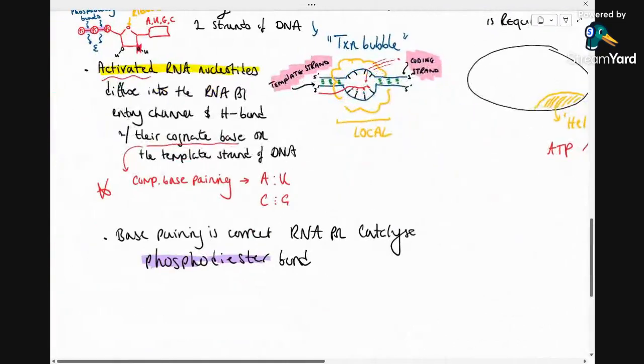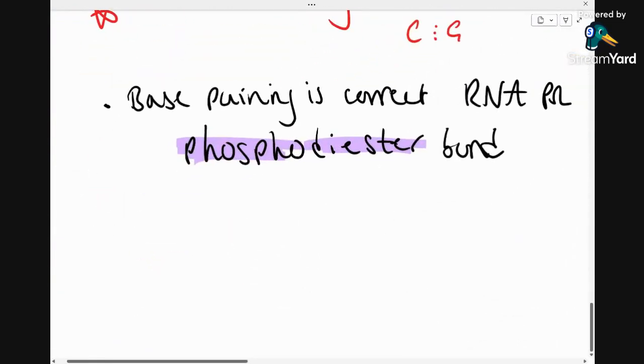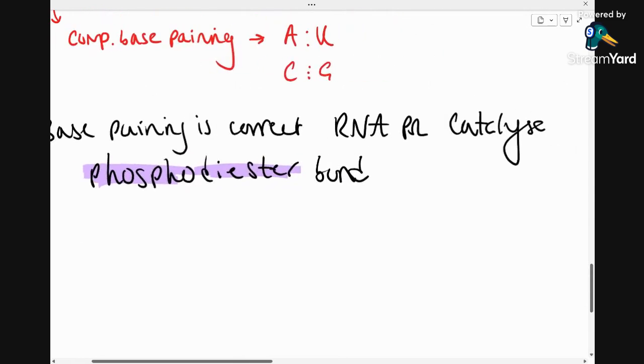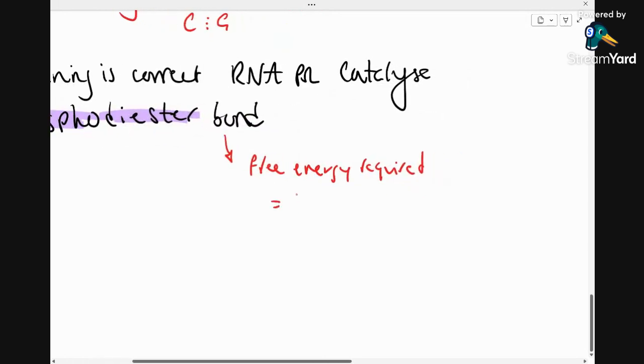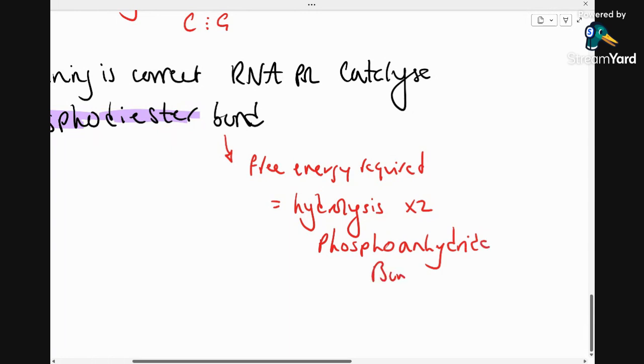And essentially, this continues. I'm just going to make the point here that the free energy required to do this reaction comes from hydrolysis of the two phosphoanhydride bonds between the inorganic phosphates.